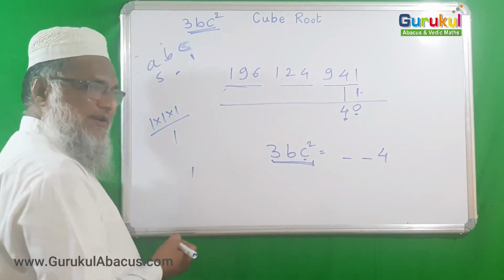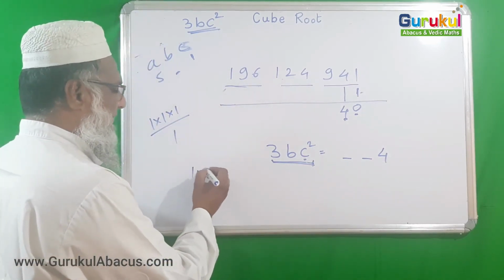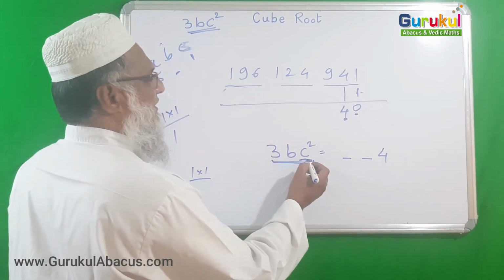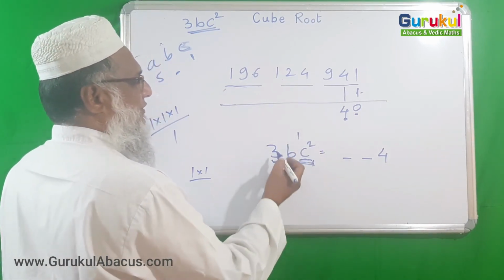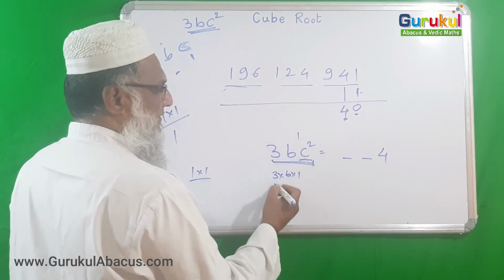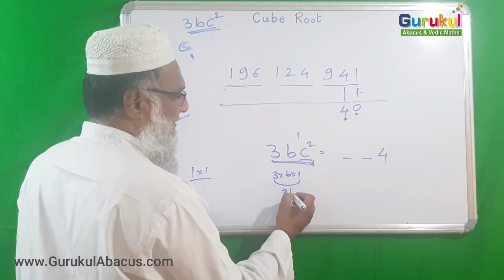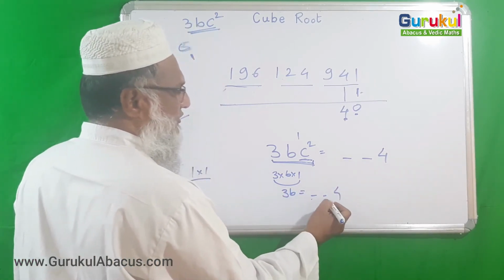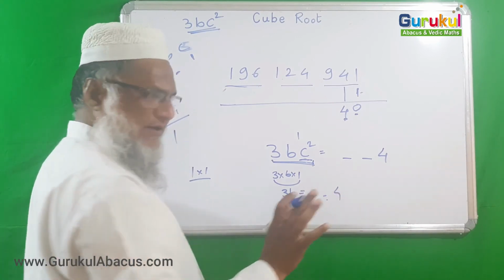C is itself 1, so square of 1 is 1 into 1. So c square's value is 1. Now 3 into b into 1, so 3 ones are 3b, is equal to a number where in place of the dash maybe any digit, we don't know.